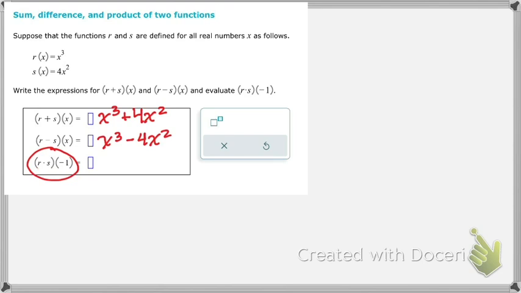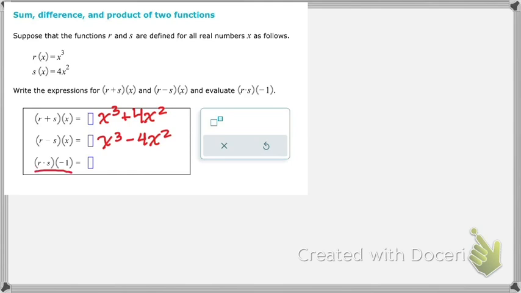And then I also see I had an x here, an x here. Now remember, I'm not multiplying that by that x. This is not r plus s times x. It's r plus s of x, which is saying I have some new function, which is the combination of r and s, and here it's the addition of r and s.